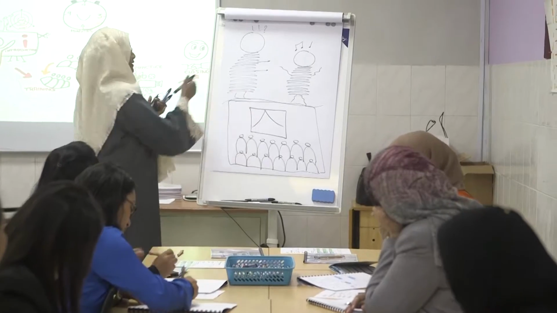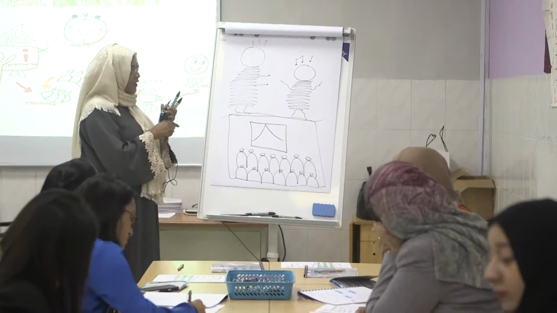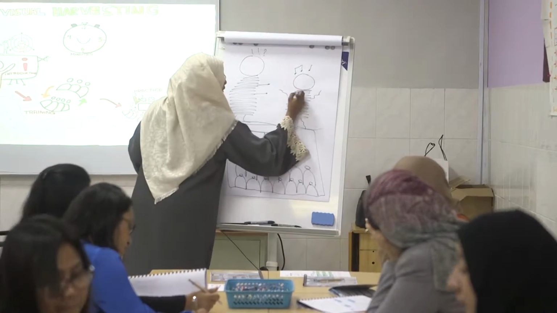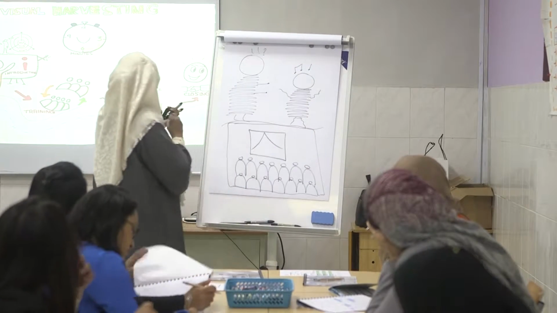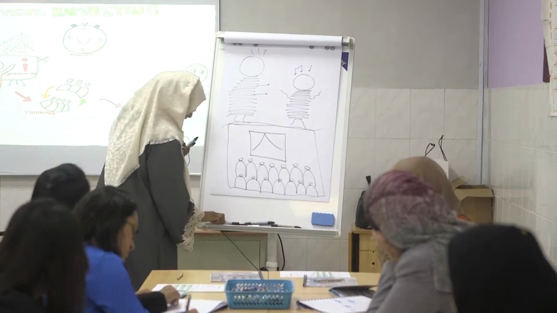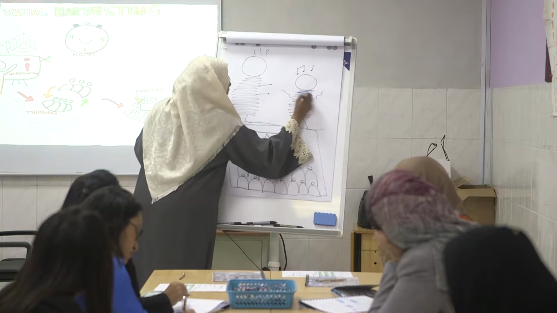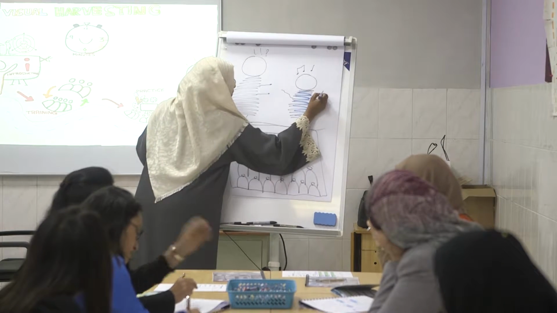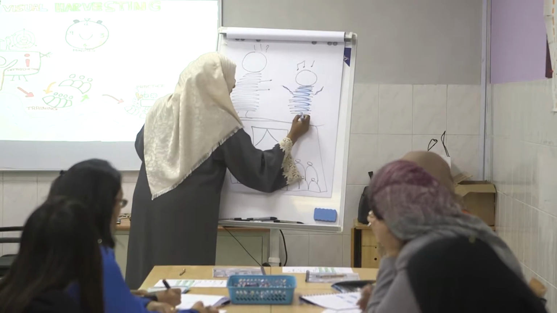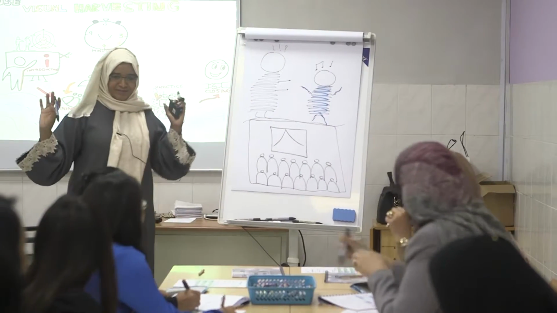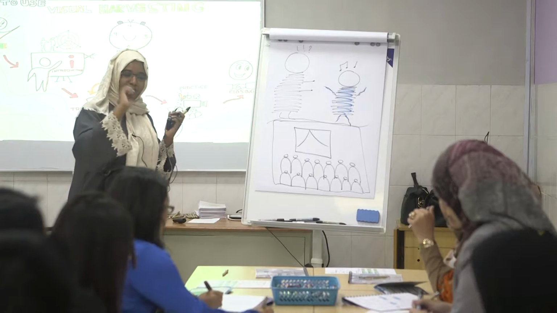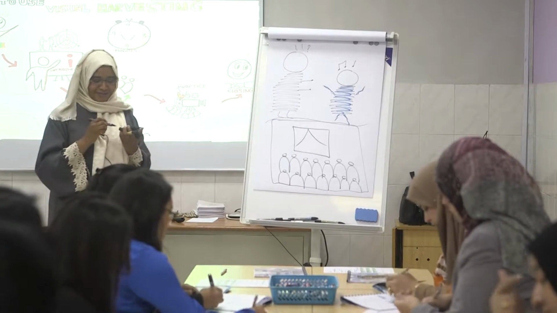Like for example, this man or this boy, how would you color? I'm going to use this, oh sorry, it's dry. Choose any color. This is how you show it's colored. It's very fast. You don't need to color properly.